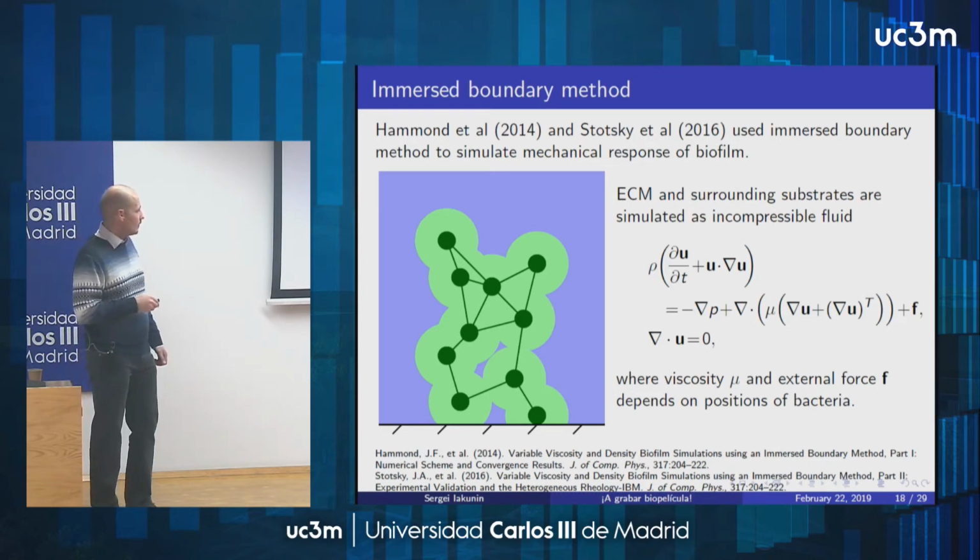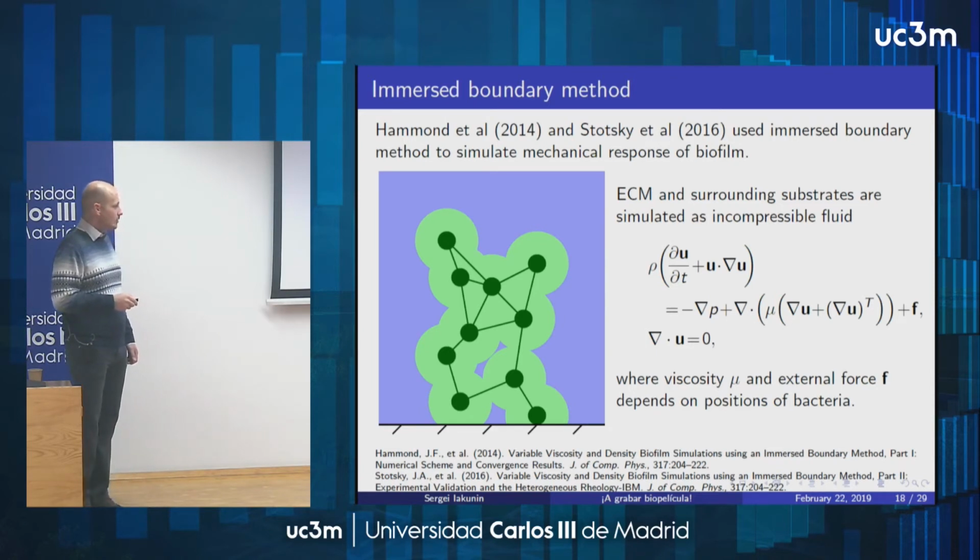The behavior of the system is given by motion equations for each cell and the Navier-Stokes equation for a viscous and compressible fluid, where the viscosity of the fluid mu depends on position. Outside the biofilm we have a low viscosity coefficient because it's just water or some surrounding fluid, and inside these green zones we have higher viscosity because it's already biomass and extracellular matrix.